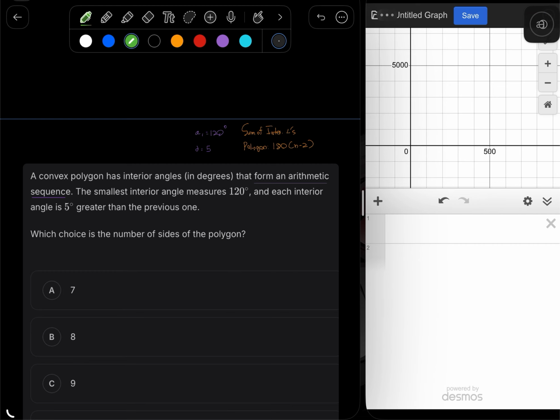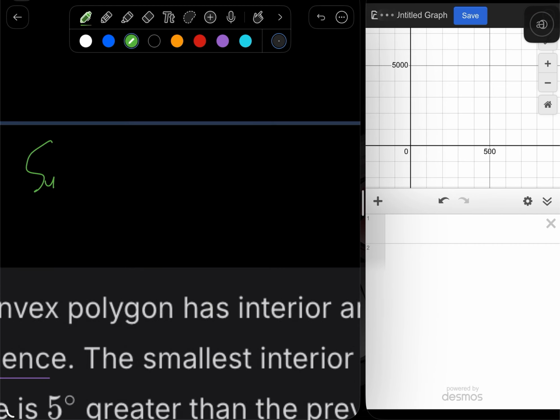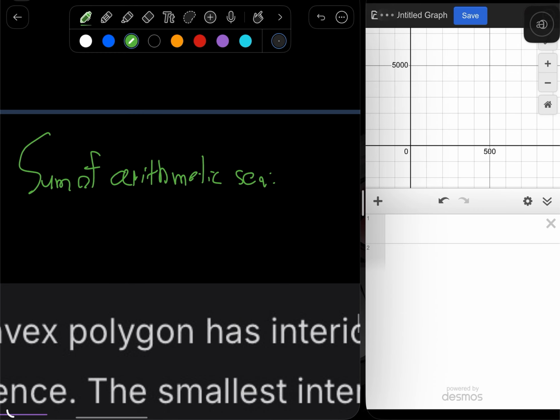For the sum of an arithmetic sequence, I'm just going to write SEQ, that's n over 2, where n is the number of terms in the sequence, times the first term plus n minus 1 times d, which is the common difference. So once again, that's an important formula for this problem: the sum of an arithmetic sequence.